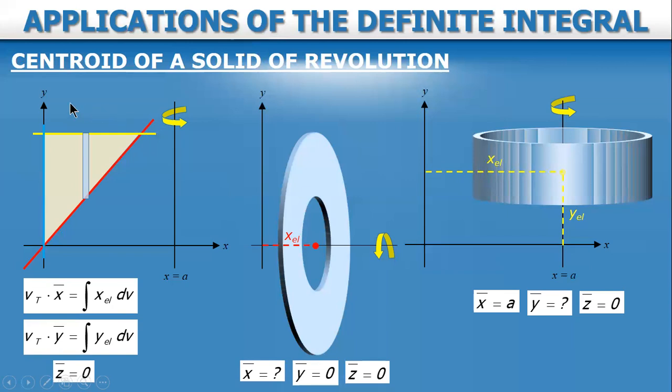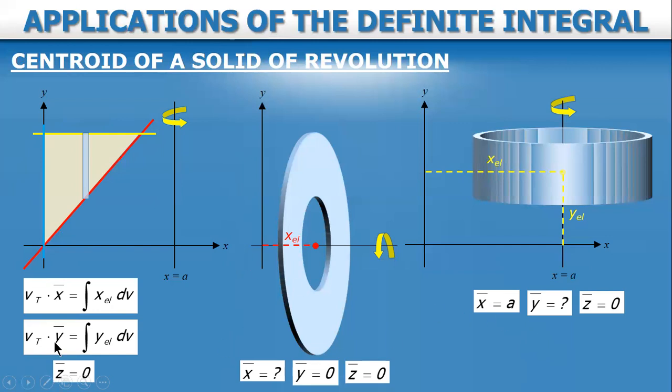Again, if this region is revolved about the line x equal to 10, our x bar is equal to 10. X equal to 10 is a vertical line, so we solve for y bar, and x bar is equal to 10.